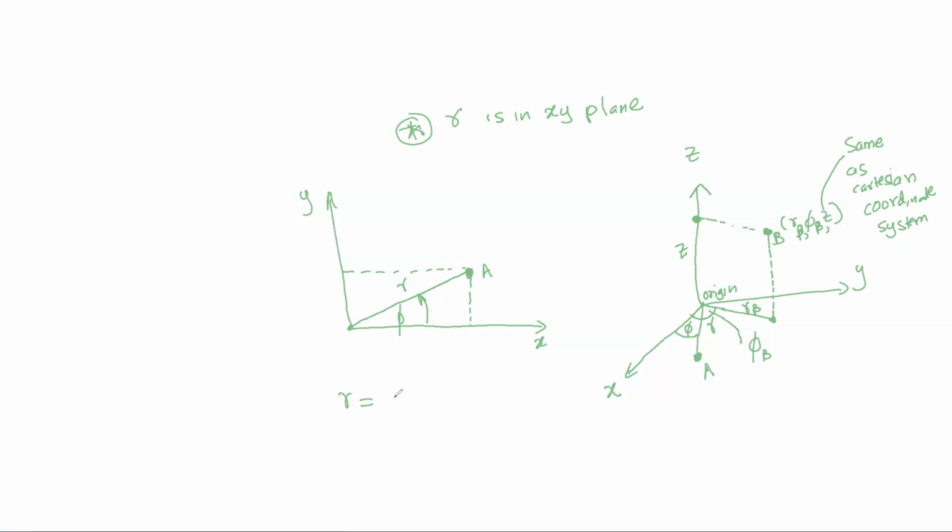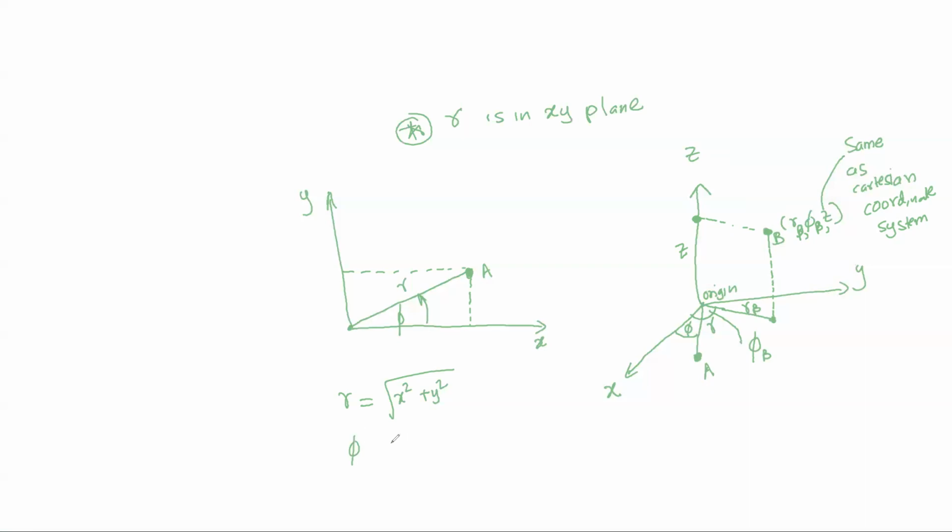Therefore, r is defined as the square root of x squared plus y squared. It doesn't have a z component in it because z is measured from the origin to that point. So z is a separate measurement. You only need to take the variation of x and y to decide the value of r.